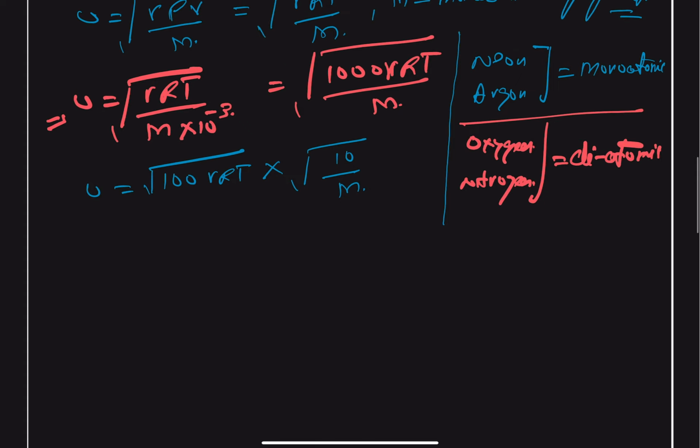For monatomic, our gamma will be equal to 1.67, and for diatomic our gamma will be equal to 1.4.